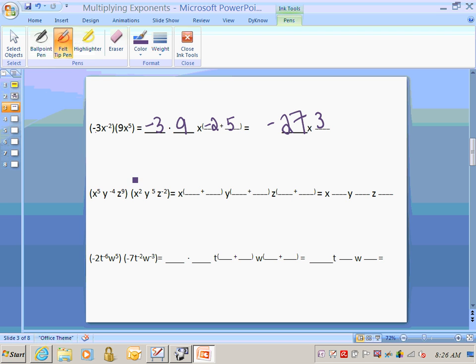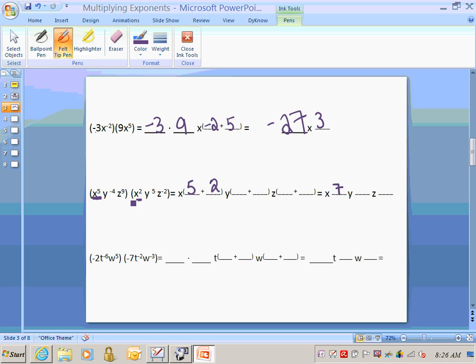Okay, now the next one. I've got bases of x. So this should be what? Here's x times x. So 5 plus 2. So it should be x to the, what's 5 plus 2? 7.